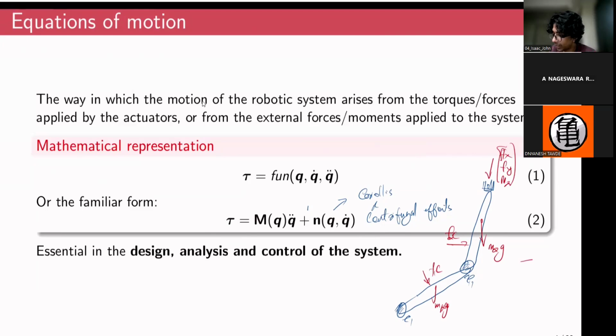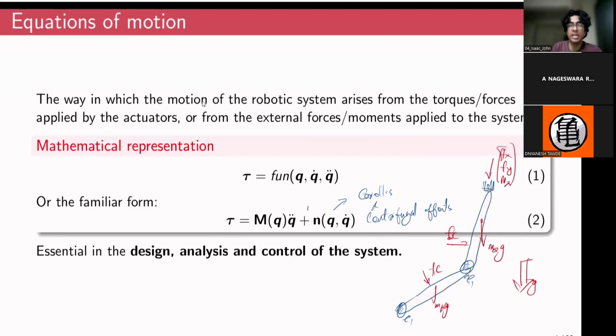So if you consider the direction of gravity to be vertically downwards, what will happen if you simply drop the robot from a rest position? How will the trajectory of the end effector look like? Or rather, how would the trajectory of the entire robot manipulator look like?